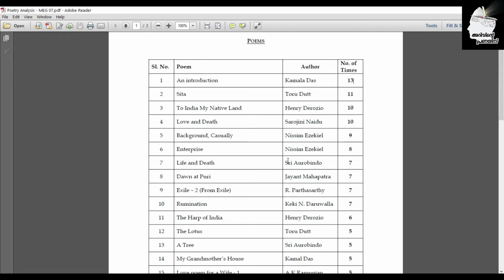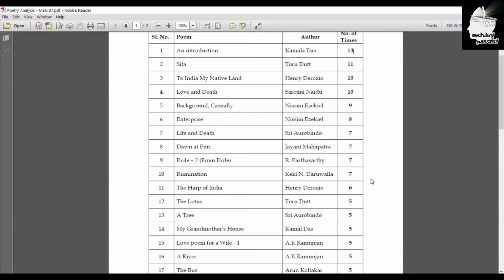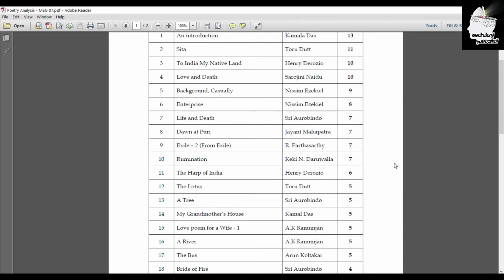Enterprise from the same author, Nissim Ezekiel, 8 times. Life and Death, Sri Aurobindo, 7 times. Dawn at Puri, Jayanta Mahapatra, 7 times. Exile 2, R. Parthasarathy's poem, 7 times. Rumination, K.N. Daruwalla, 7 times.